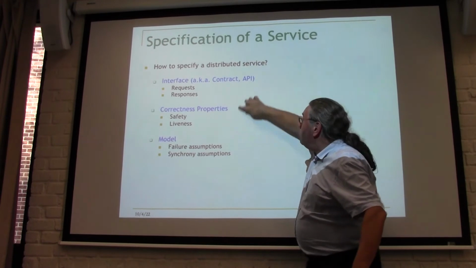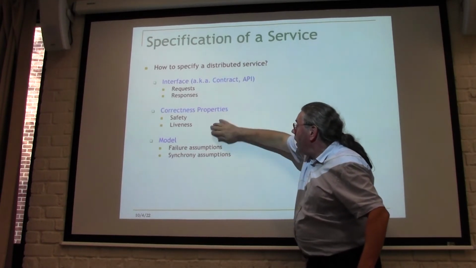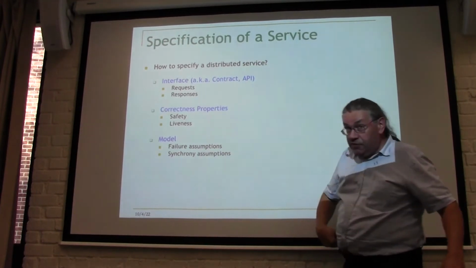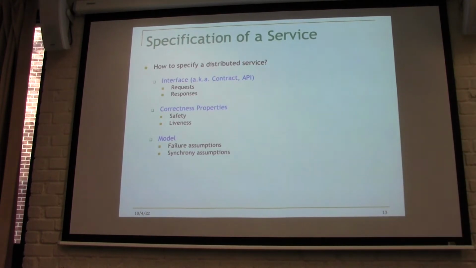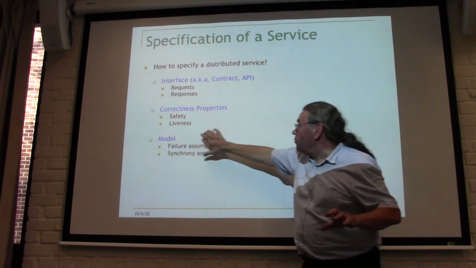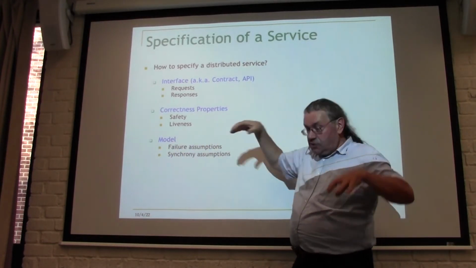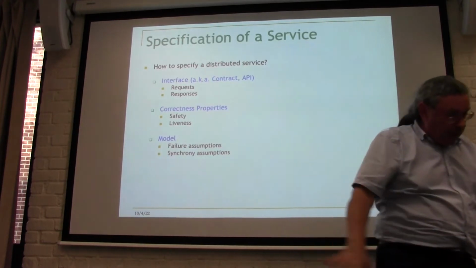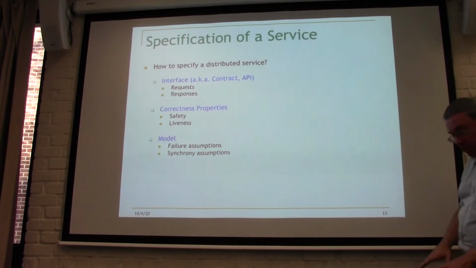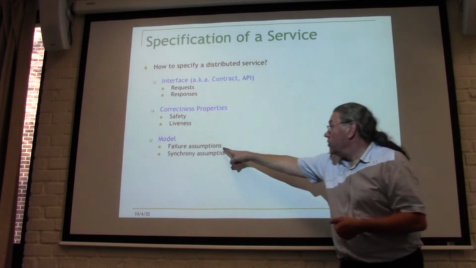So now let me talk about this and then this. The different thing between distributed algorithms and non-distributed, the really new thing, is the model. Because you're writing it on top of some model where nodes might fail.